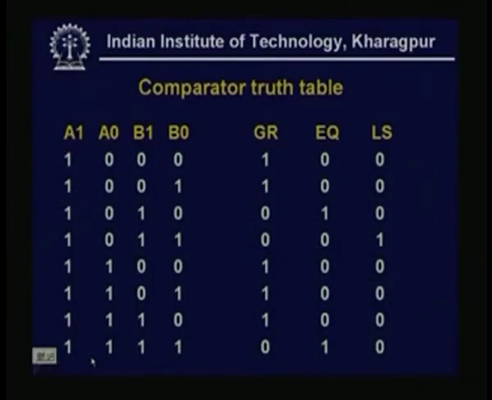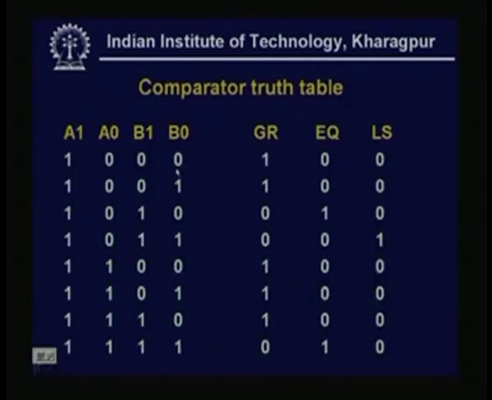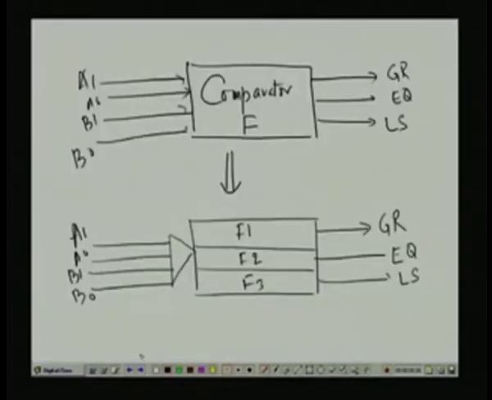So, what we can do now is partition this into 3 subproblems. There are 4 inputs and 3 outputs, so F1 is 4 inputs, 1 output; F2 is 4 inputs, 1 output; and F3 likewise.